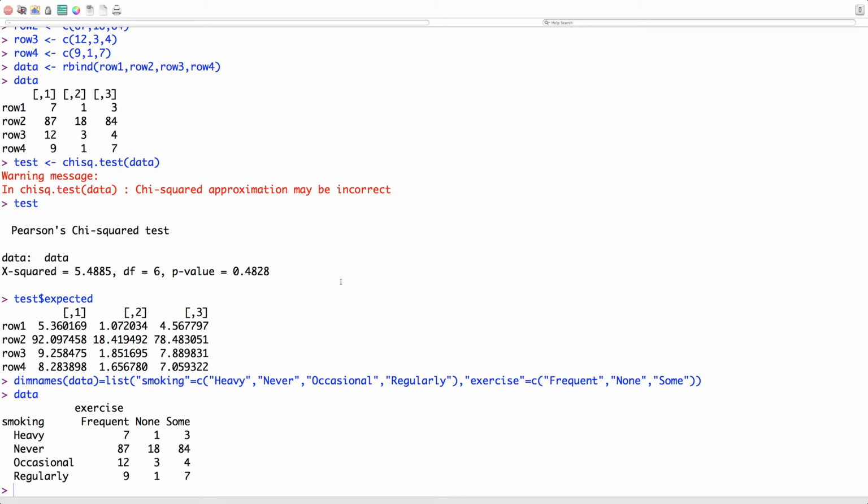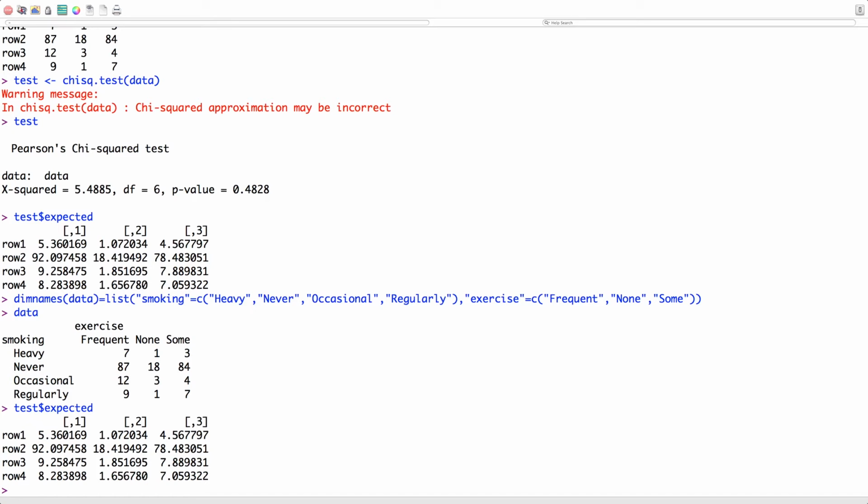So what we can say here is if we do now test, I'm not sure whether this will include it in the expected. No, it won't, so we'd have to go in and set that up. But what we get here is the expected cell count, and we can see again, as I explained earlier, because these expected cell counts are less than 5, we get into an issue.